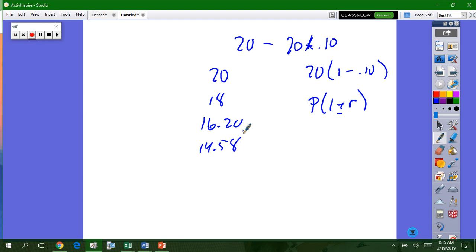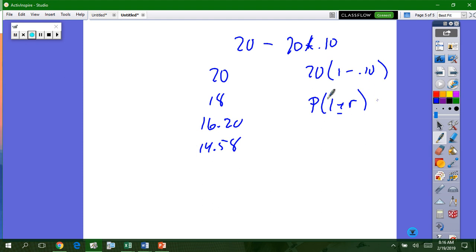So what would the price be on the 9th day? Could I keep doing this? Who wants to keep doing this for 9 straight times? Not a lot of fun, huh? Am I not timesing this every time by 10% and going 1 minus that?